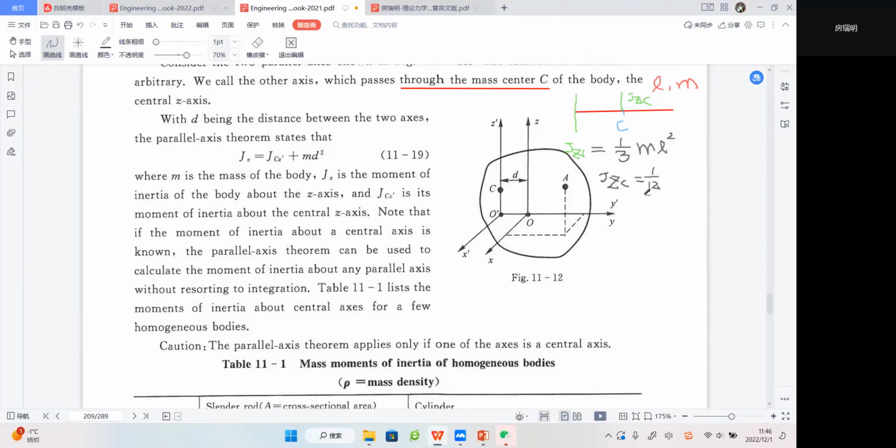That is the very ordinary way. Can you tell me how to read this in a clever, smart way? 1/12 ML squared.